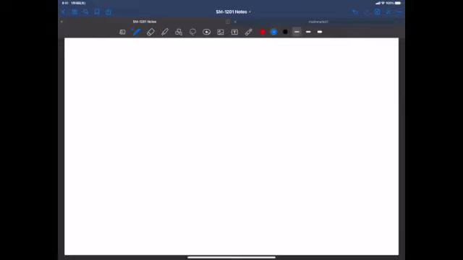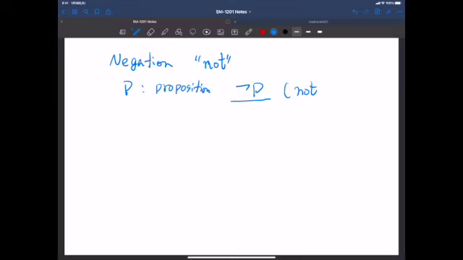The next operation is negation. This means logical not. If P is a proposition, then we define not P. We define this operation by this truth table.